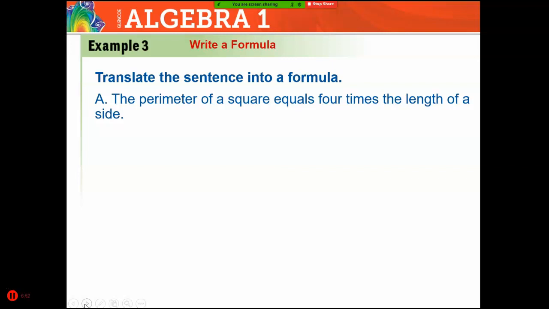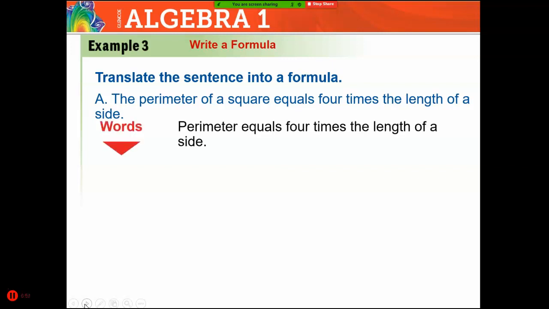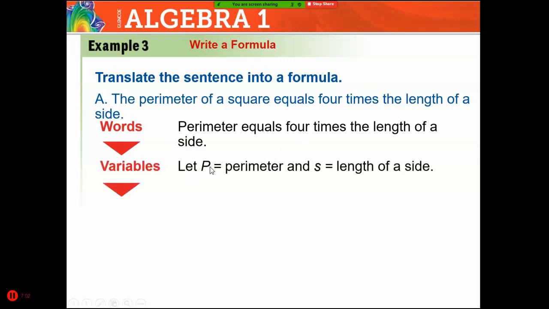We will say that perimeter is P and length is S. So there's the words, our variables. So let's define the variables. We're going to say P is perimeter and S equals length. So you should be writing that down under the define the variables.